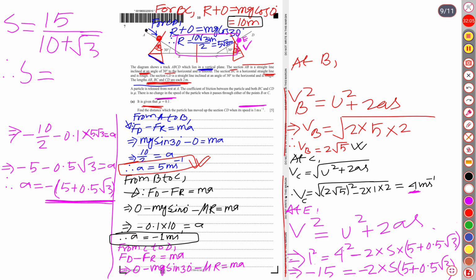If we round it up to three significant figures, it is 1.28 meter. So this is the final answer. That means the particle traveled 1.28 meters when it was moving up along the plane.